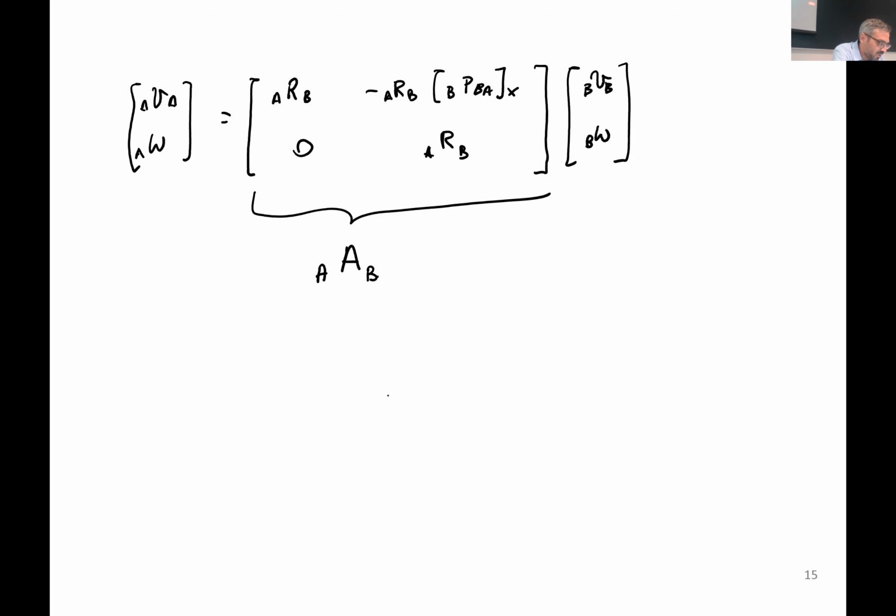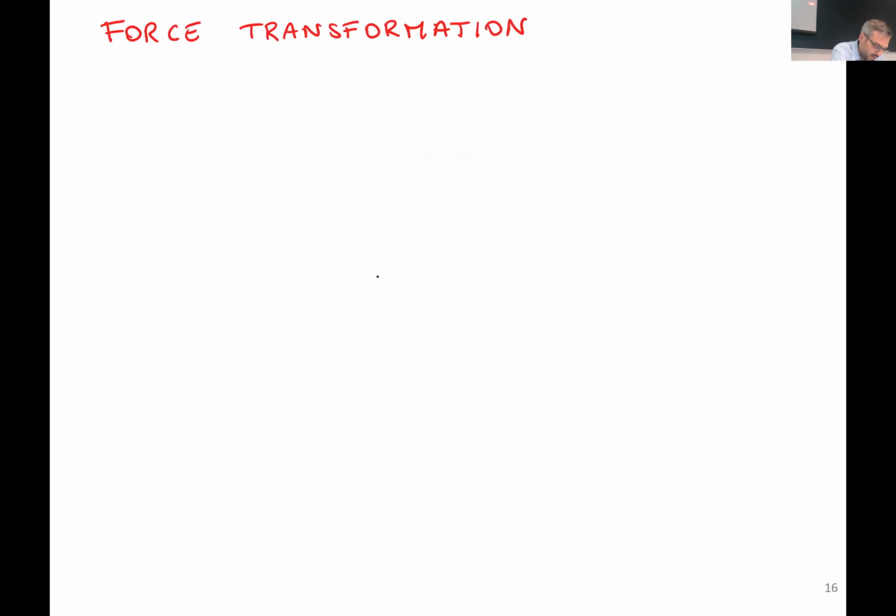So we said that we want to employ the dual, the computed dual for forces and moments. So we just take the transpose of this mapping. We get the forces.